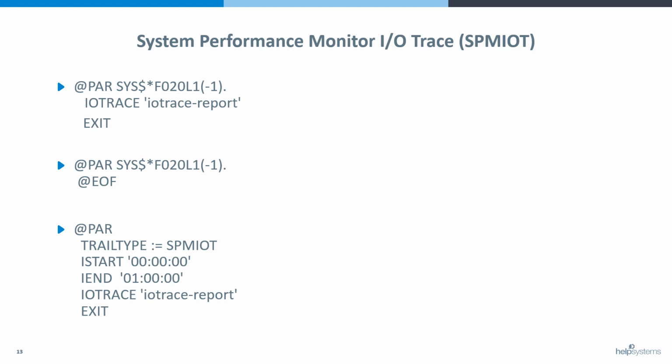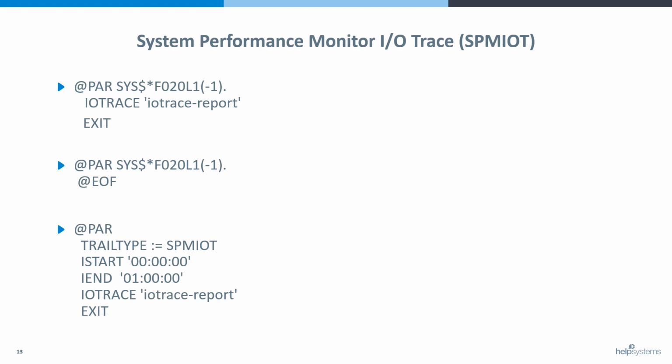A new method is introduced for processing the SPM IoT audit trail file. You can execute @PAR without any parameters. Then you need to specify the following in order. The first command required is trail type, so PAR can determine whether it is to process the SPM or SPM IoT audit trail.